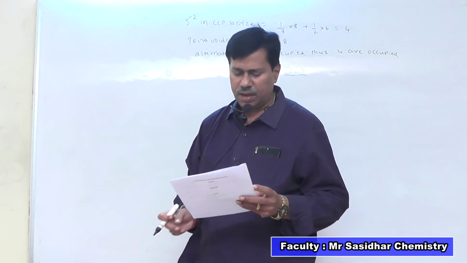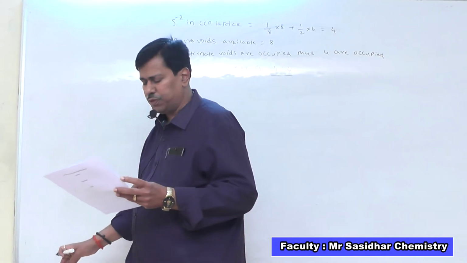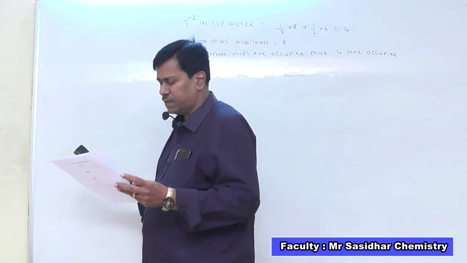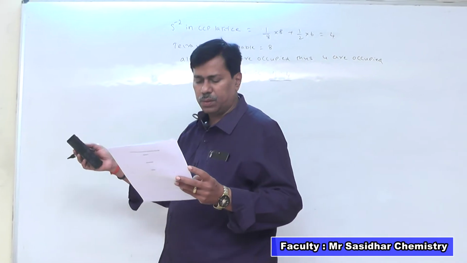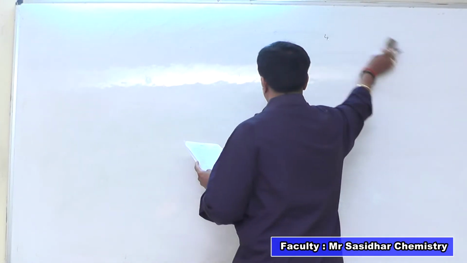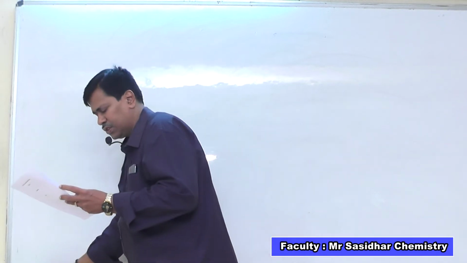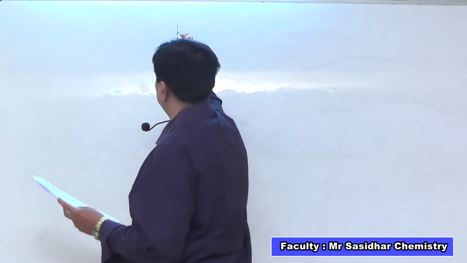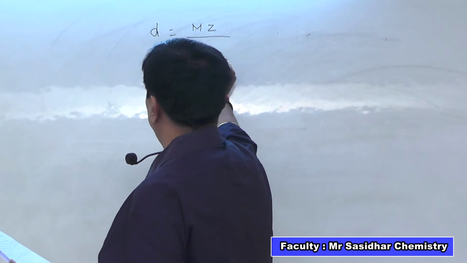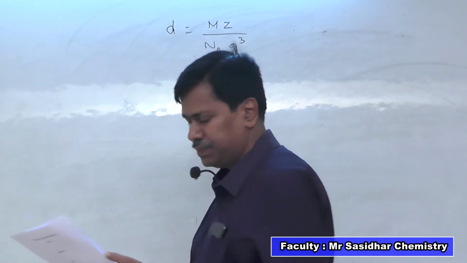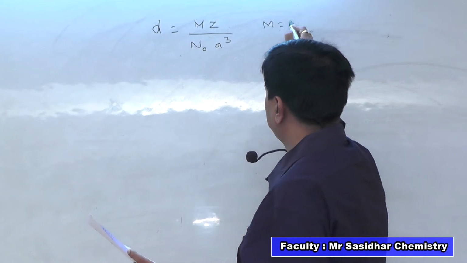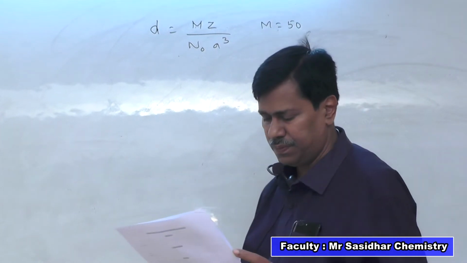An element with atomic mass 50 having FCC structure has edge length 400 picometers. Find the density of the element. So first let us put the formula. D is equivalent to mz by N naught a cube. Now the data given is m is equivalent to 50.